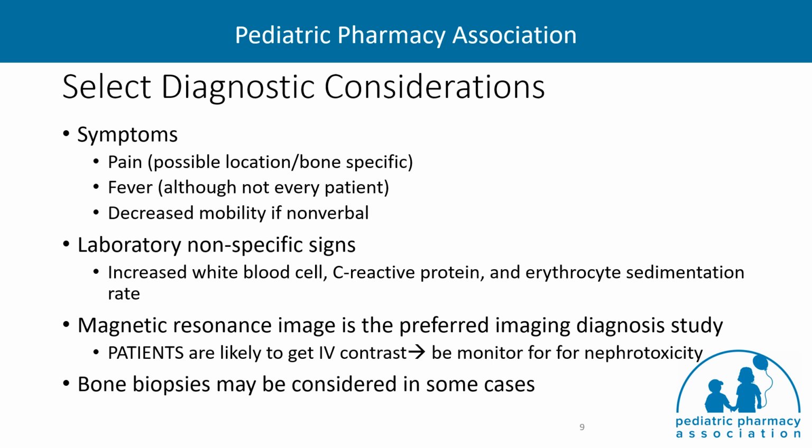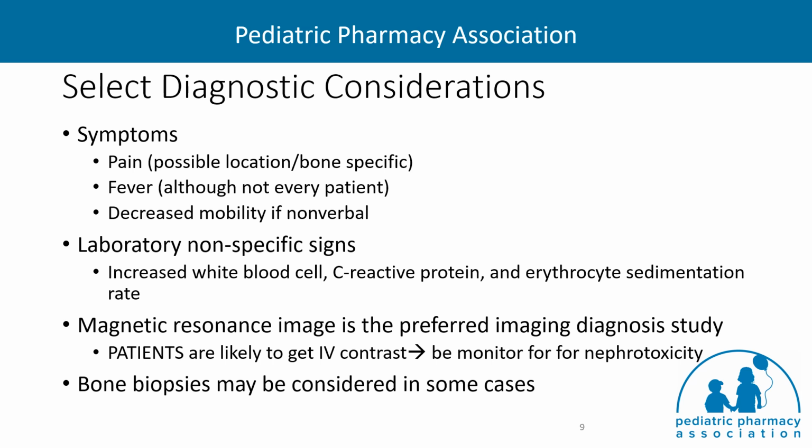Whenever some of those symptoms are present, people are going to start getting labs. You're going to see inflammatory markers go up: increased white blood cells, C-reactive protein, and even erythrocyte sedimentation rate, or ESR, which is a little bit unique, but definitely a sign of osteo. And typically these inflammatory markers are really high, not just barely outside of normal.